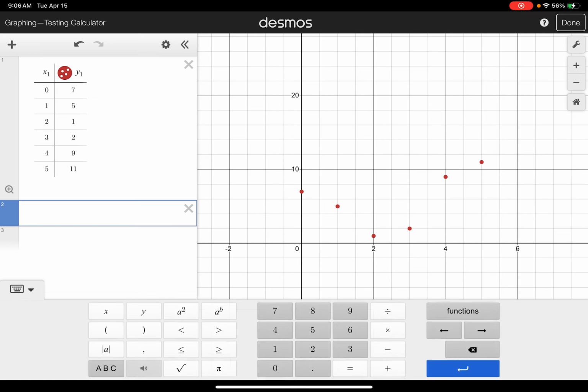So I'm going to go into my line 2 over here and type in that big long quadratic regression equation, which is just your standard form, ax squared plus bx plus c, but you've got to put x sub 1s and y sub 1s because that's how our table is labeled.